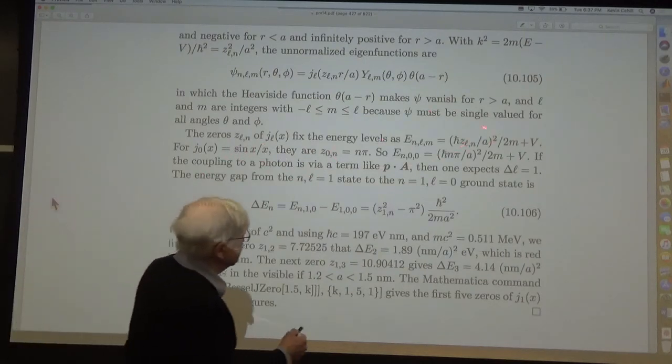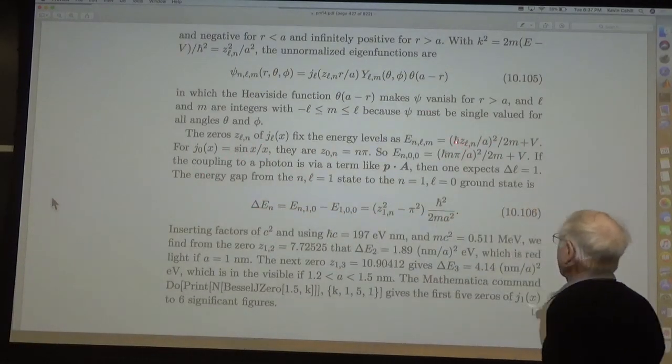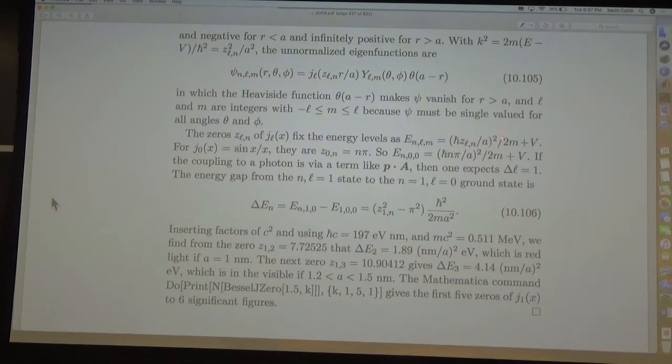These zeros fix the energy levels as h bar times the zero divided by A, squared, over 2m, plus V. For the zeroth Bessel function, they're essentially n pi, and so we have h bar n pi over A, squared, over 2m, plus V.